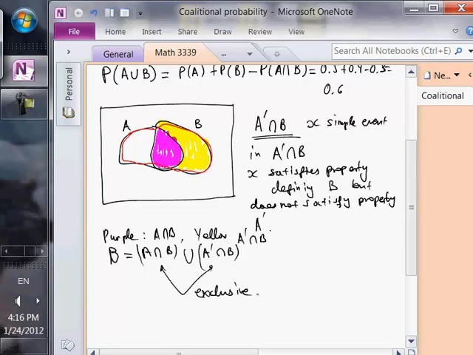Based on the properties of probabilities, the probability of B is the sum of the probabilities of these events.